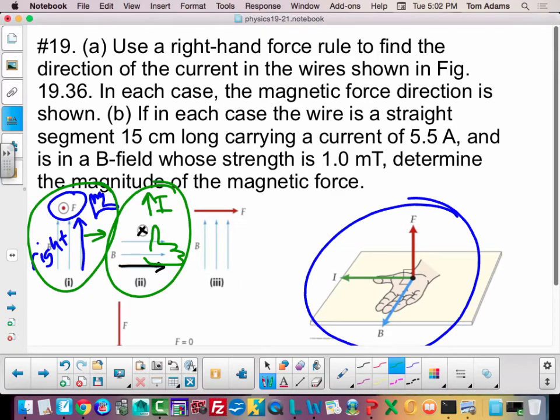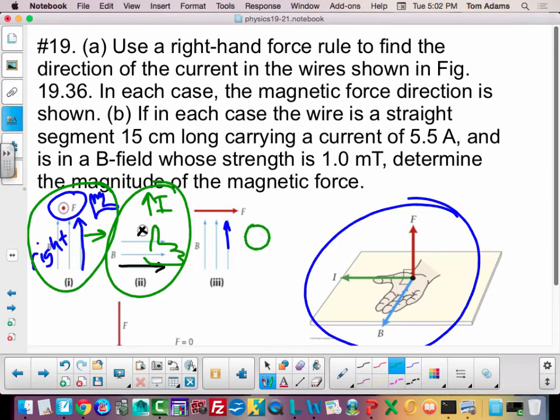In the third situation, I'm going to have my fingertips pointing upward. The palm of my hand is facing the same direction as the force, so my thumb is actually pointing into the board. I can't really see the current, but it's going into the board.